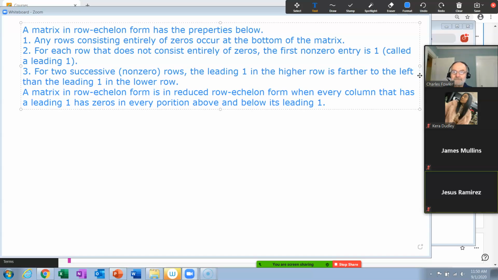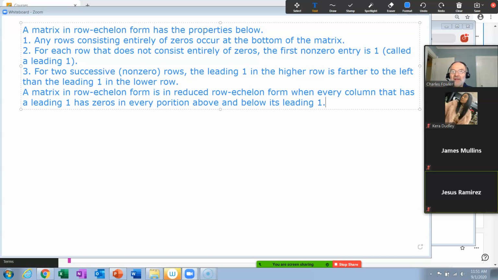A matrix in row echelon form has the following properties. If you do have a row that turns out being entirely zeros, they have to go to the bottom of the matrix. Use your elementary row operation, get it to the bottom.